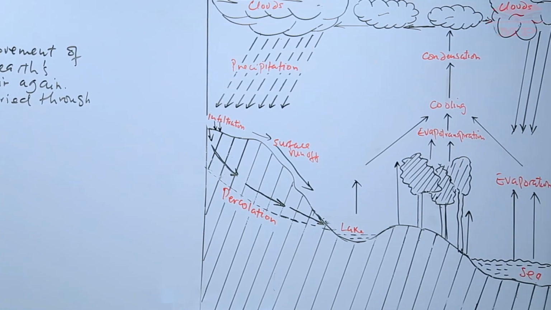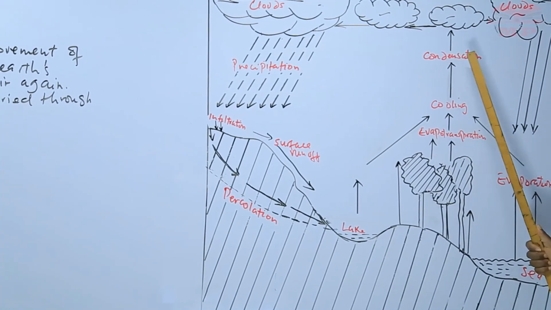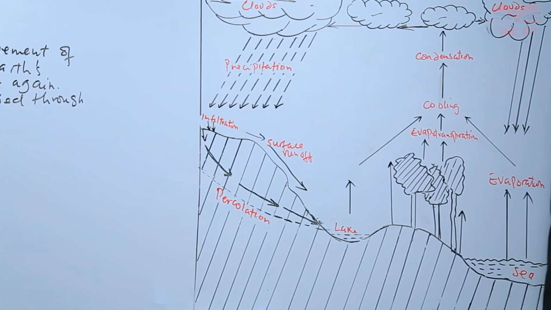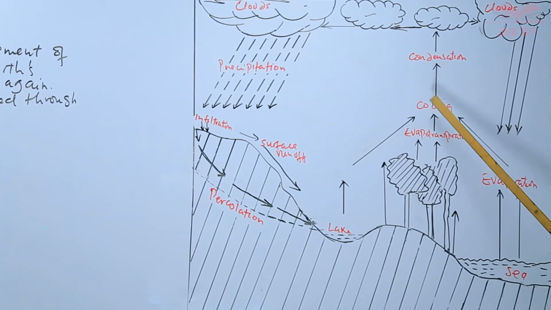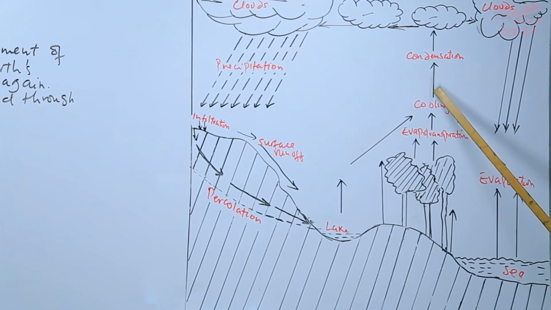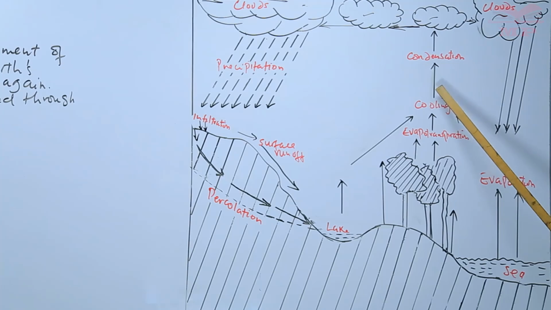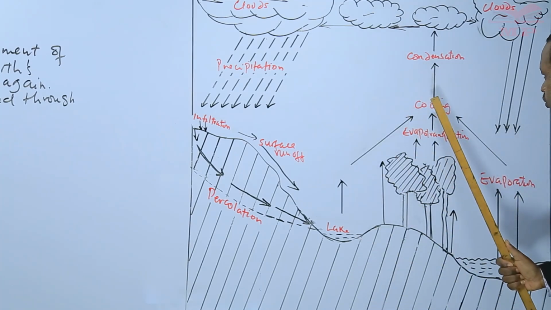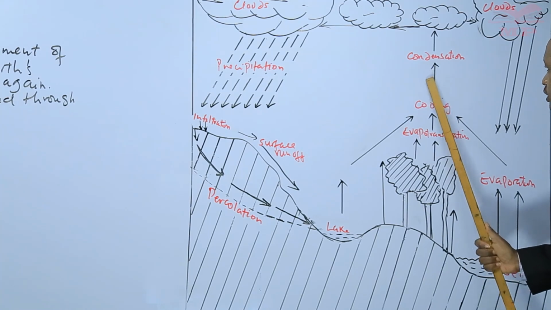Then after the cooling process, learners, you have the process known as condensation. What is condensation? Now, learners, condensation is when the cooling of water vapor continues below dew point.